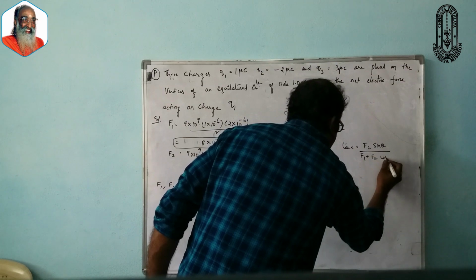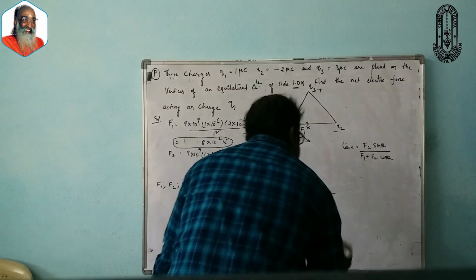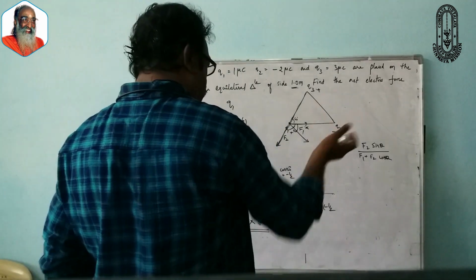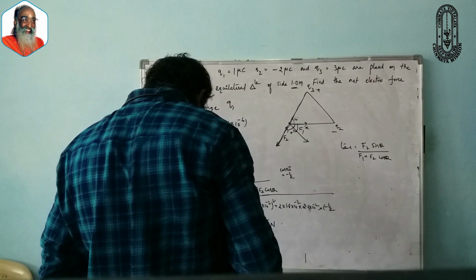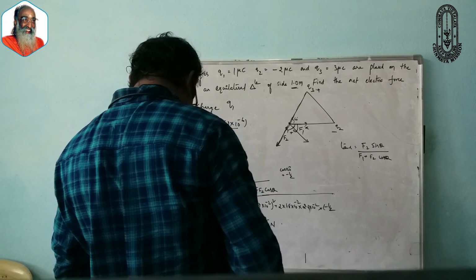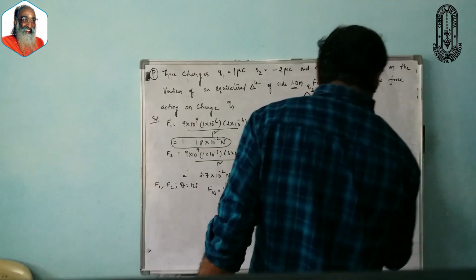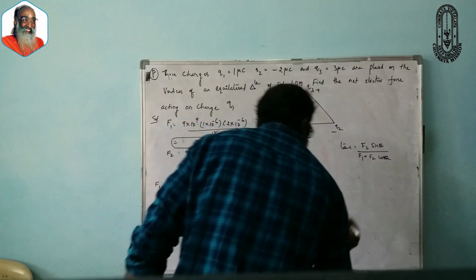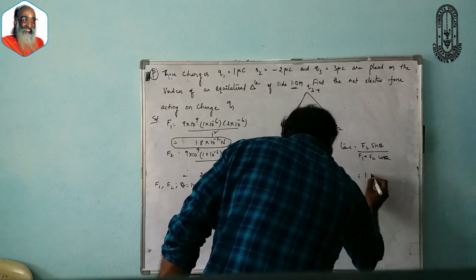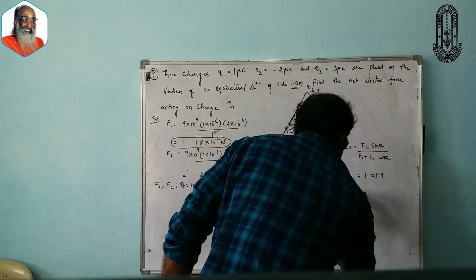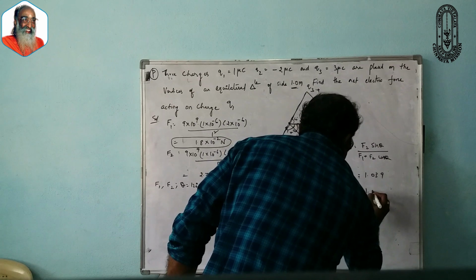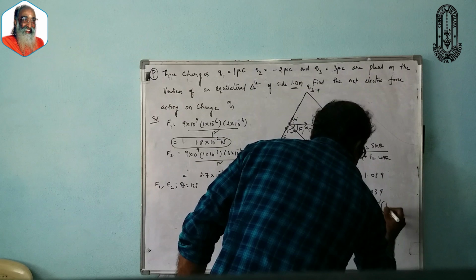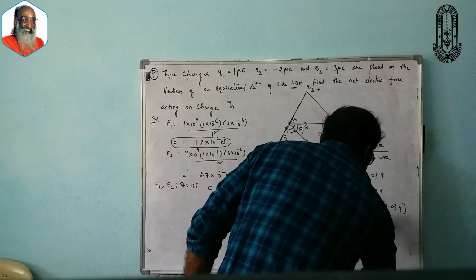To substitute the values, sin theta, sin 120, is 0.87, and cos theta is minus 1 by 2, already you know, and by calculating that you are going to get 1.039. So tan alpha is equal to 1.039. Alpha is equal to tan inverse of 1.039. This is the direction, and it is the angle made with F1.